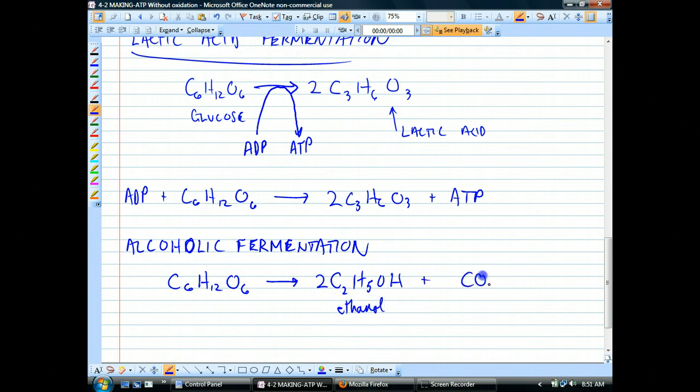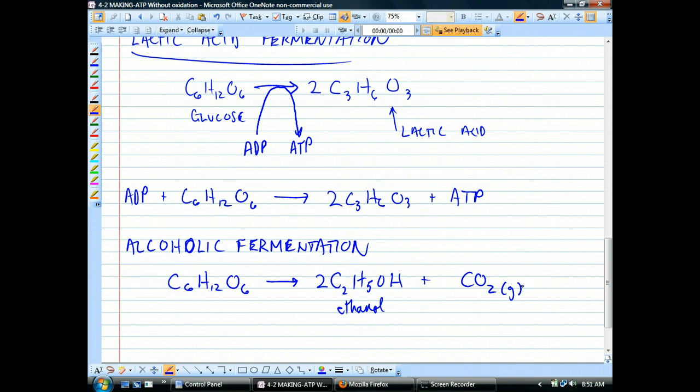and CO2 gas. Now you've seen this reaction before. We did a yeast lab earlier in the semester, and we saw bubbles of CO2 and we measured them in the cylinder. The cylinders had yeast in there and sugar, and we saw the bubbles go up.